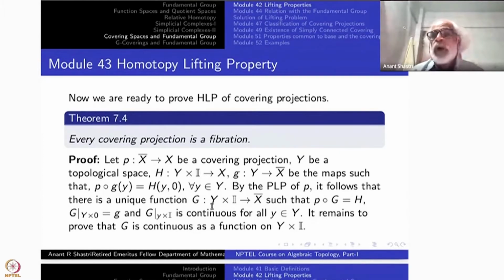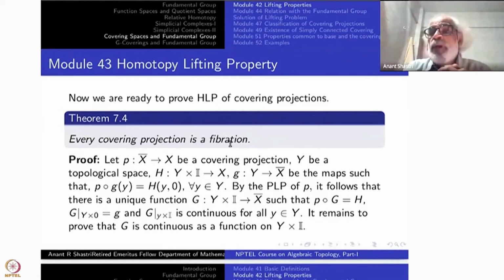There is no choice, but we have to prove that this very G, whatever we have got, is actually a continuous function from Y cross I to X bar. If this is not true, then the theorem will be false. So we have to prove this one. There is no other choice.